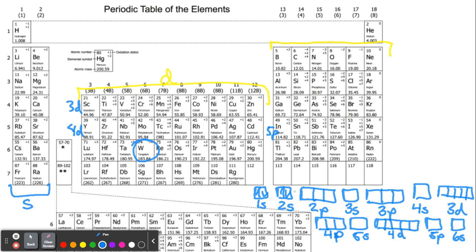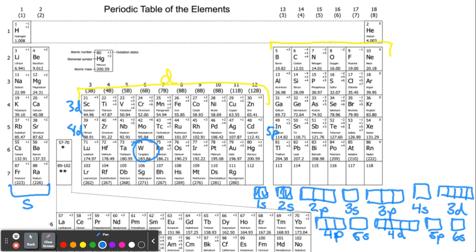Here's where it gets interesting, and I didn't save enough space, so I'm going to start writing up here. So after my 6s, notice that the F block is actually inserted right in there. Like you could literally cut out this chunk of your periodic table, split your periodic table in half, and put the F block in there.